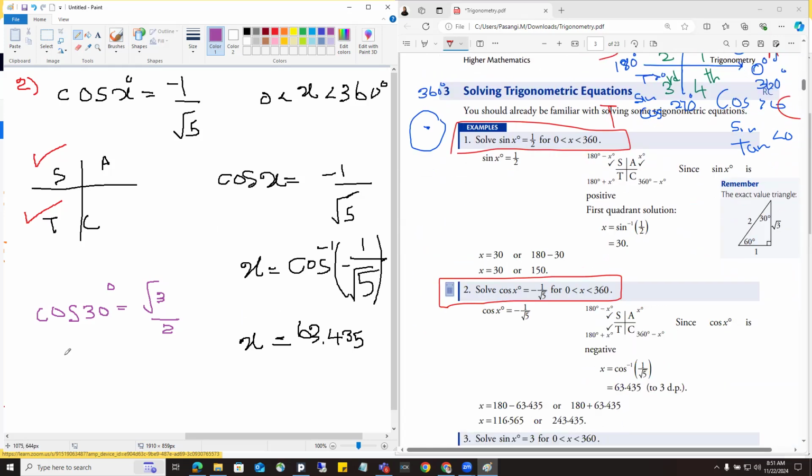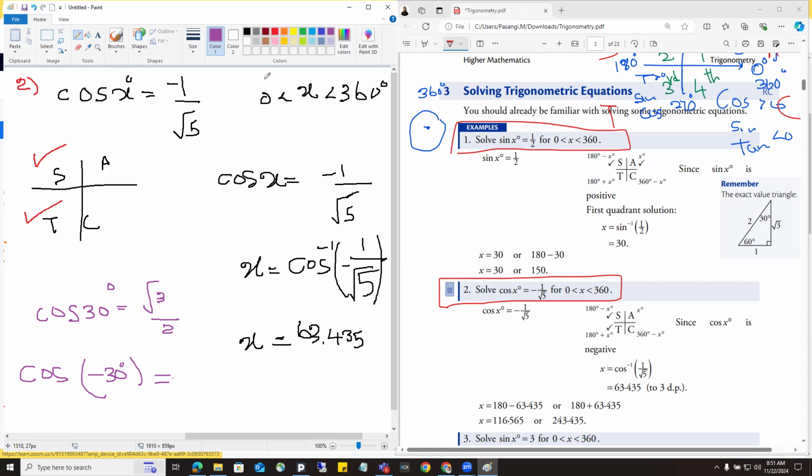Okay, now what is the value for cos minus 30? If it's the negative angle, what is the value for that? No. Actually, these two are equal in cos values.